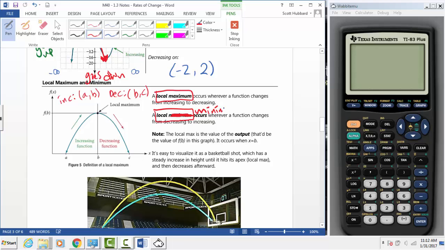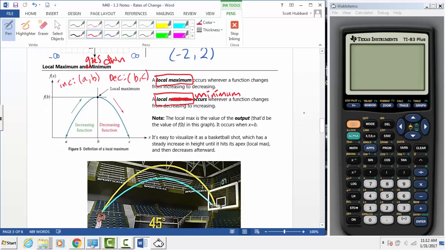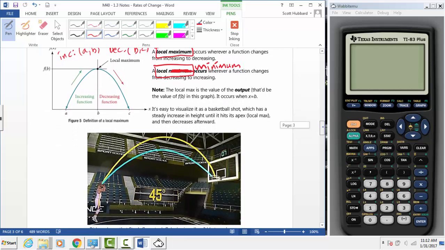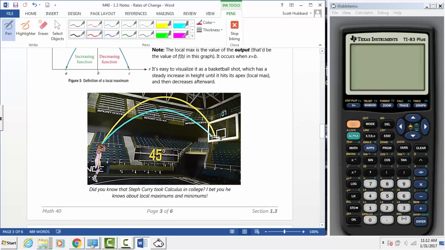Sorry about that. Okay. And you can go back and read these notes a little bit. I don't need to read what's already there for you, but just understand that a maximum is any part of the graph where it has that top part.